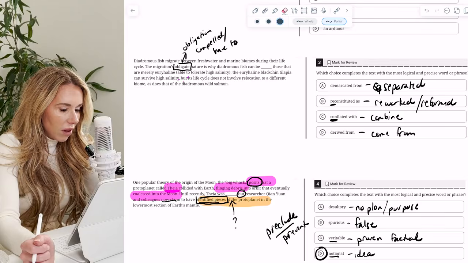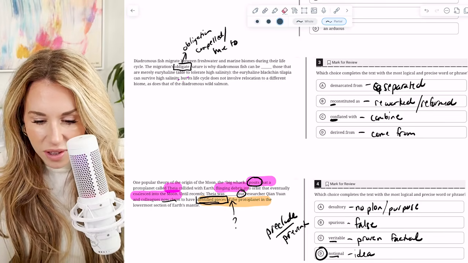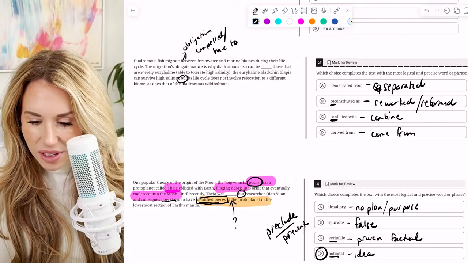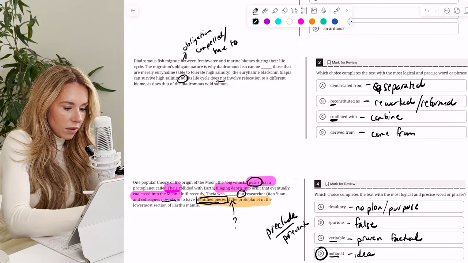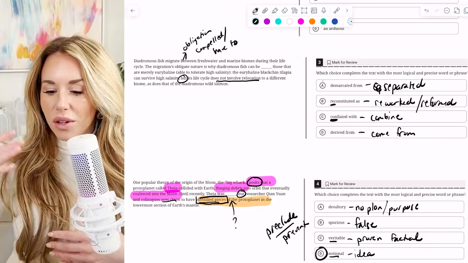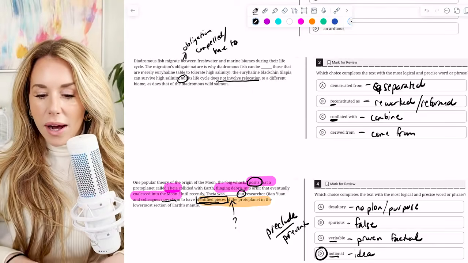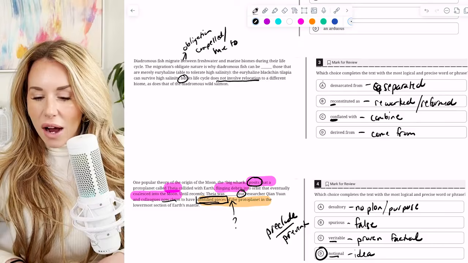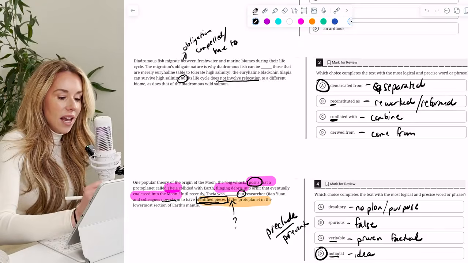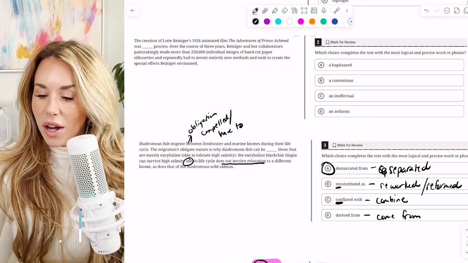The Eurohaline black-chin tilapia can survive high salinity, but its life cycle does not involve relocation. Okay, so I'm sensing a difference between the D fish and the black-chin tilapia. So because of that, we want to show a difference, and the only one that does that is demarcated from. All right, number 2.